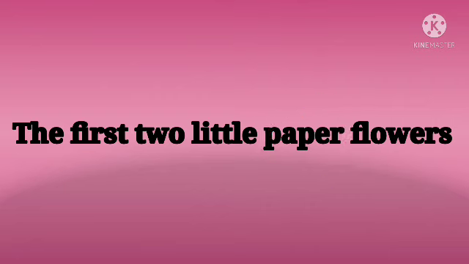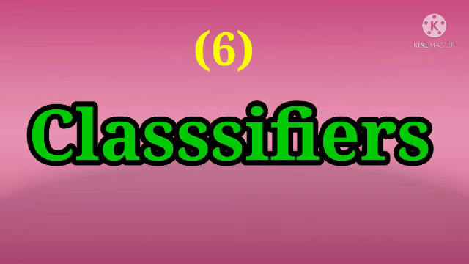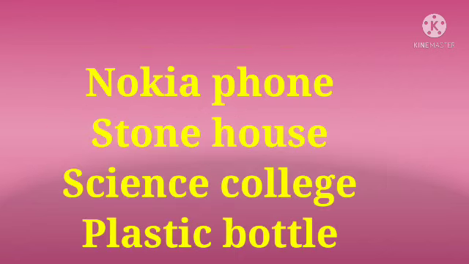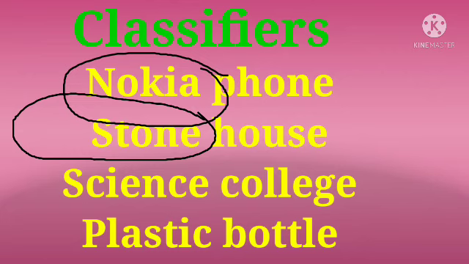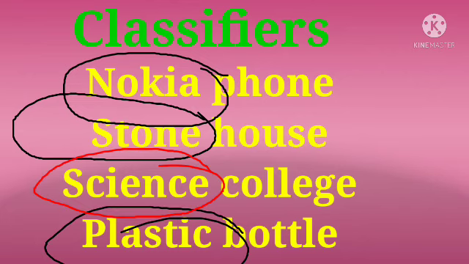Okay, here are some examples of the classifiers: Nokia phone, stone house, science college, plastic bottle. Here, Nokia, stone, science, plastic, these words are called classifiers.